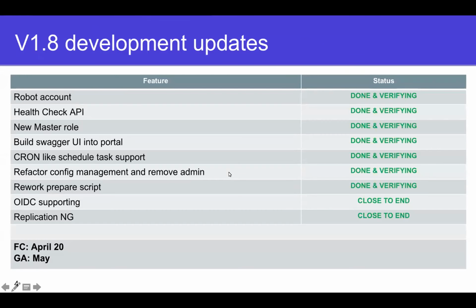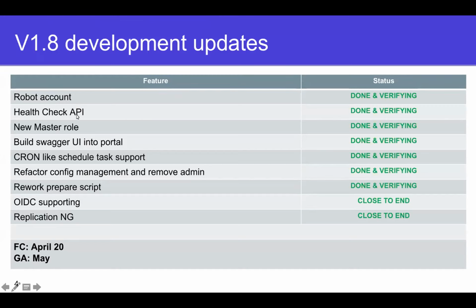So first, I will cover the version 1.8 development progress updates. Here are the main features of version 1.8. You can see from the list that most of the primary features are already done. In version 1.8, there are robot accounts and a health check API.